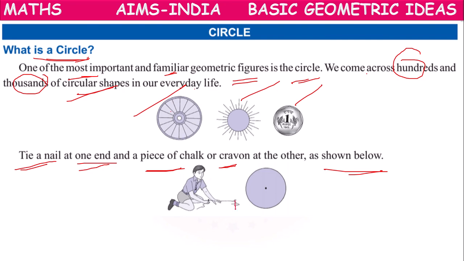Means with a pencil or anything which can make a mark, you can take it at one end and tie a nail with the help of a thread. Tie the chalk or crayon, means something which can mark, like a chalk piece. So tie a chalk piece at the end of a nail.